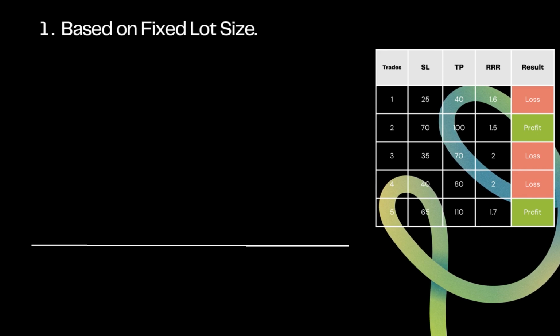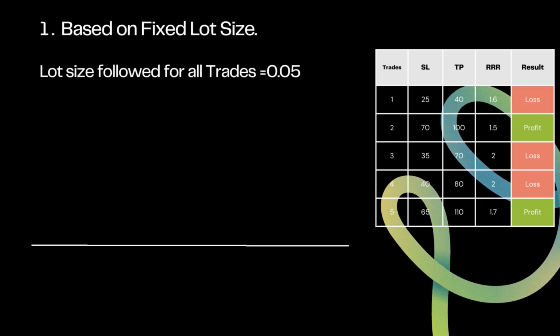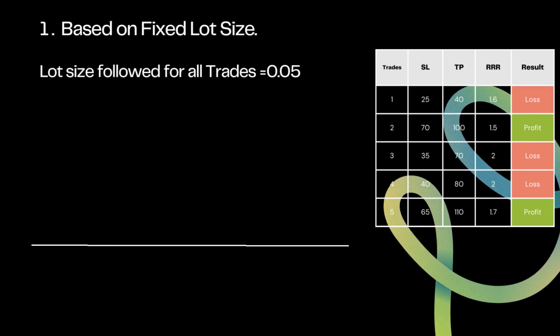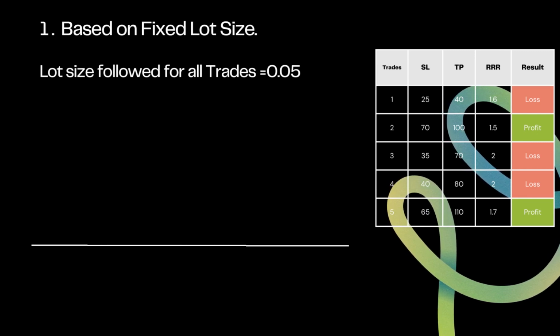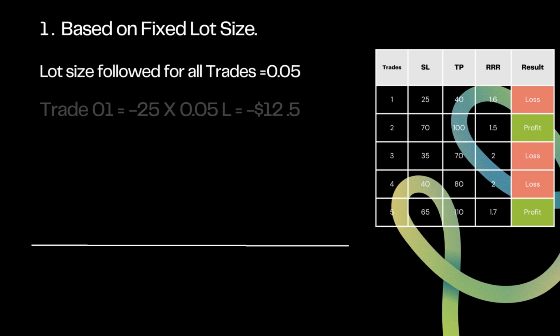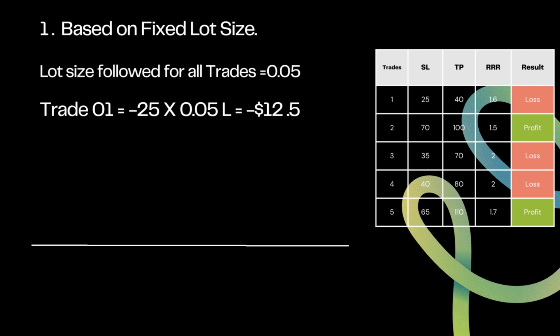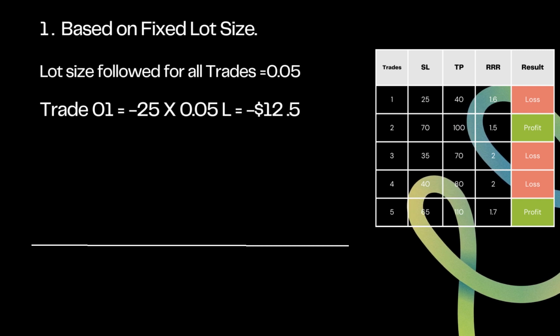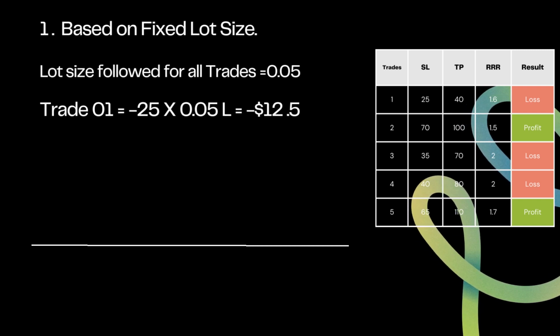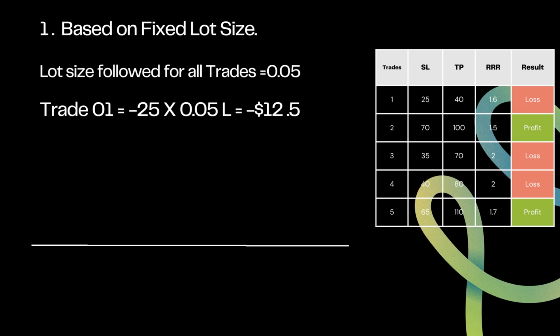So we are analyzing the 5 trades. The lot size for all trades is 0.05. Trade 1 is a loss of 25 pips with a lot size of 0.05. We will lose minus $12.5.